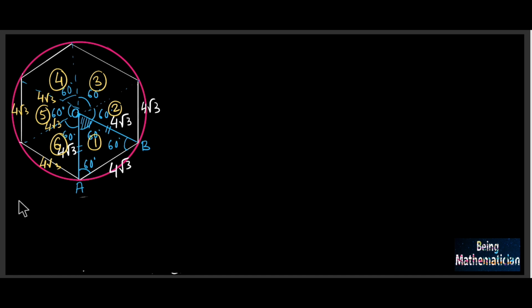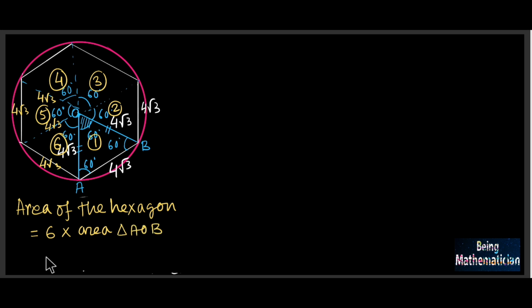So we can calculate the area of the hexagon by multiplying 6 by the area of one triangle, and one triangle is named as triangle AOB. So we can say 6 into area of triangle AOB. Now triangle AOB is 12√3 centimeter square, and this gives us 72√3 centimeter square, which is the area of this regular hexagon, and it is our answer.